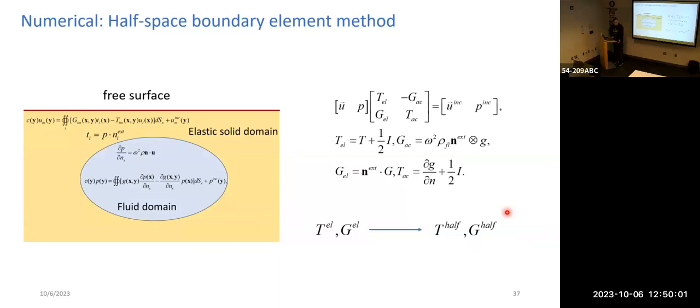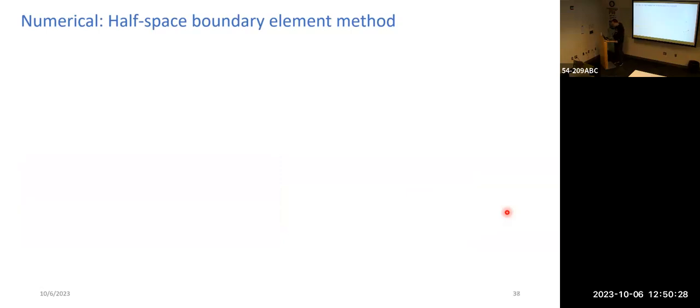But the problem is that the analytical solution can be obtained for the full space Green's function, but for the half space, we have no analytical solution. We can do it either by the Cagniard-de Hoop method, that is for the time domain, or we do the wave number domain integral, that is for the frequency domain. In my half space boundary element, I conducted a wave number domain integral, that is for the frequency domain.